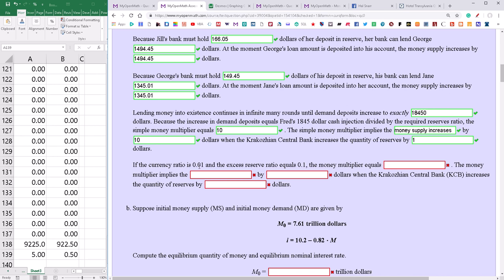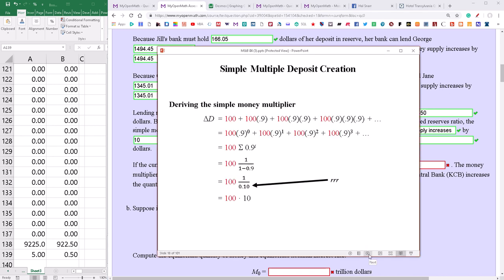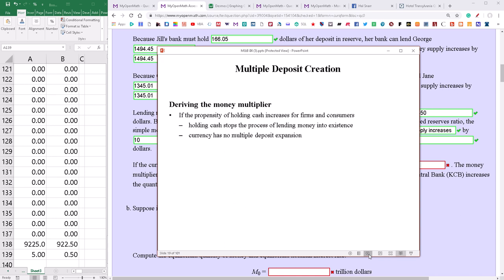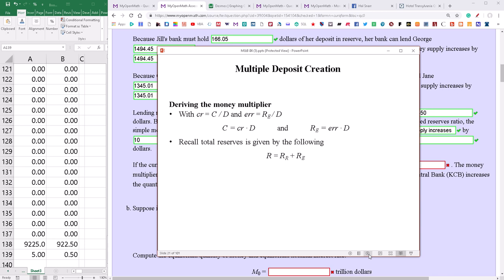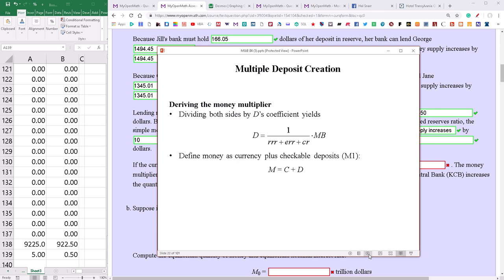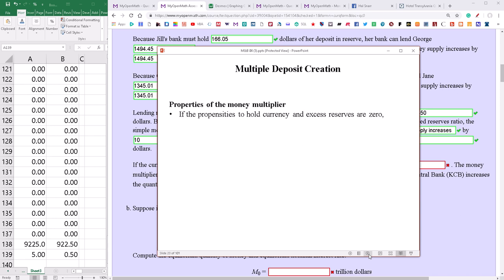Now, if the currency ratio is 0.01 and the excess reserves ratio is 0.1, we have to calculate a new money multiplier. So let's go back to the notes and see how to do that. Remember, in the notes we derived the money multiplier with currency, excess reserves, all that. So this coefficient here is the money multiplier.